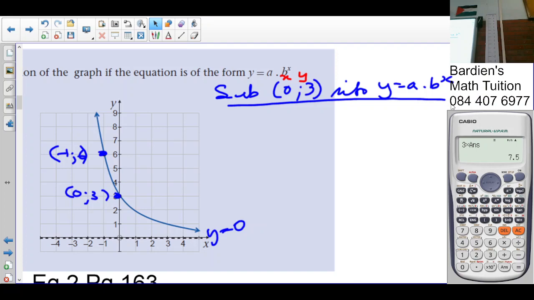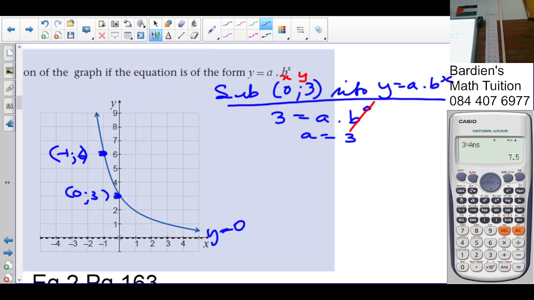Okay, so if we do the substitution, we now have 3 is equal to a times b to the exponent 0. Anything to the power of 0 is 1. So a is equal to 3. What did you get? You got 3. Now I got you. No mistake.